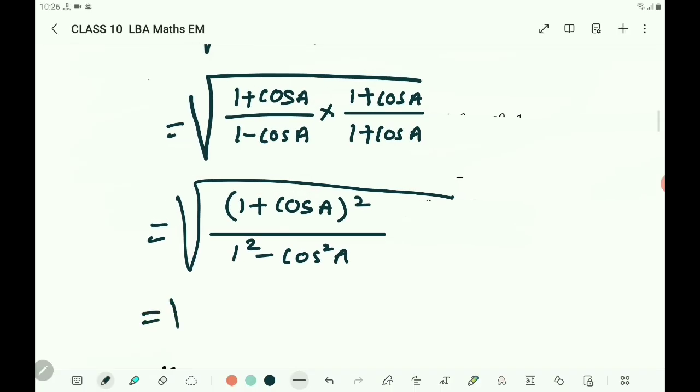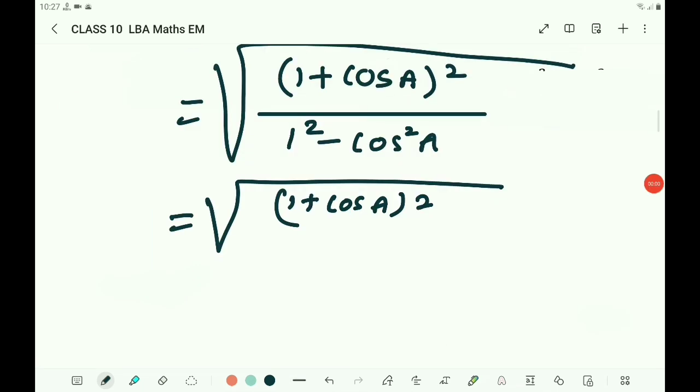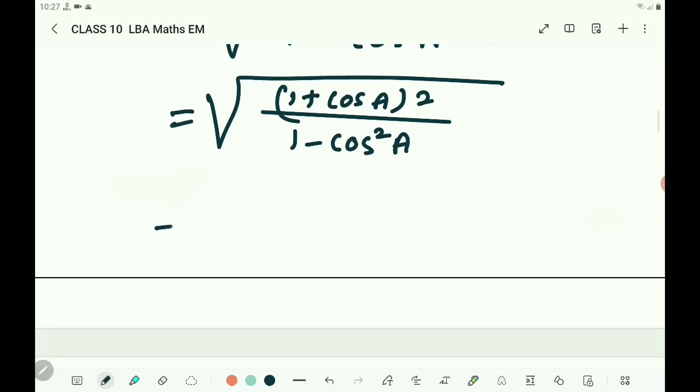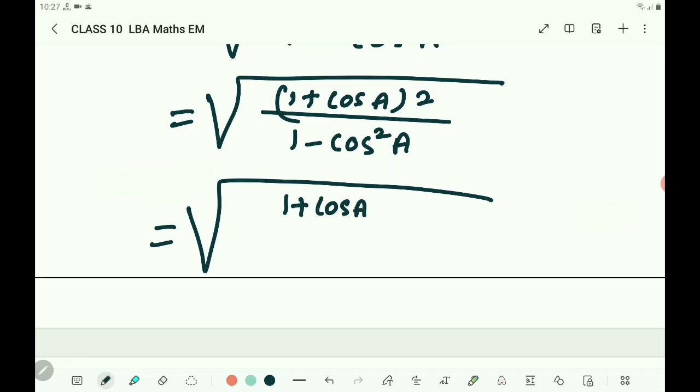Then whole root, write that 1 plus cos A whole square as it is by, write 1 square as 1 minus cos square A. In the next step, write that 1 plus cos A whole square as it is. Then 1 minus cos square A is sin square A. Here you got square and square.